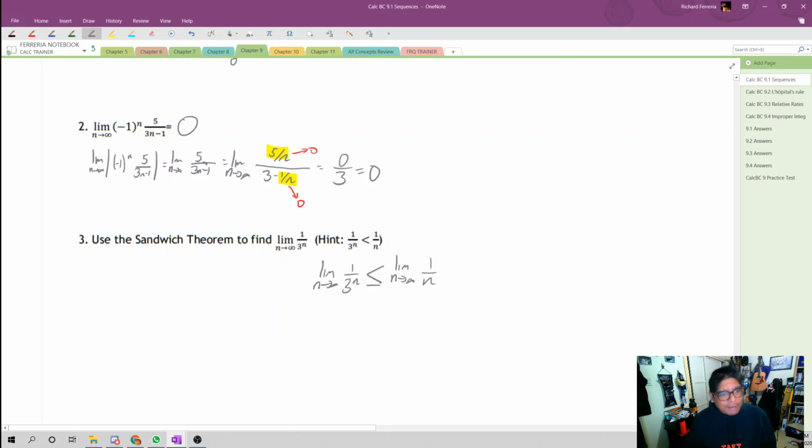But what do we put on the left side? The trick here is to put the opposite. We're going to put the limit as n approaches infinity of negative 1 over n. Now we know both of those limits because these are very well studied. On the left we get 0, on the right we get 0. And look at that, if the limit on the left side is the same as the limit on the right side, then by the sandwich theorem, we know that the limit in the middle also has to be the same.